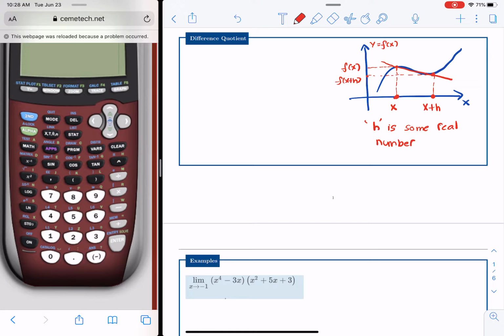So the slope here would simply be equal to y2 minus y1 divided by x2 minus x1.